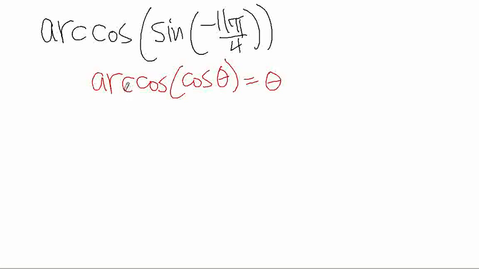Okay, so let's do that now. So let me first add a 2 pi to minus 11 pi over 4. That's the same as adding 8 pi over 4, and that will give minus 3 pi over 4.